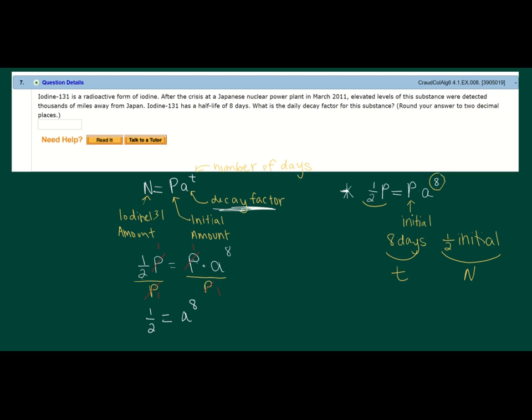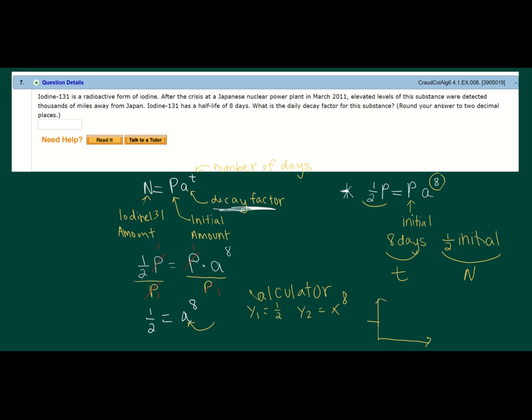Well, our calculator doesn't recognize a as a variable. So to use the calculator, what you're going to do is let y1 equal 1/2 or 0.5, and you're going to let y2 equal x to the 8th. So you're going to have some sort of graph that you can go look at.